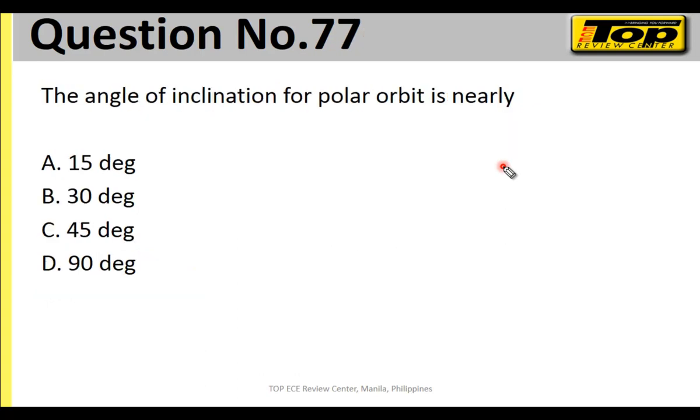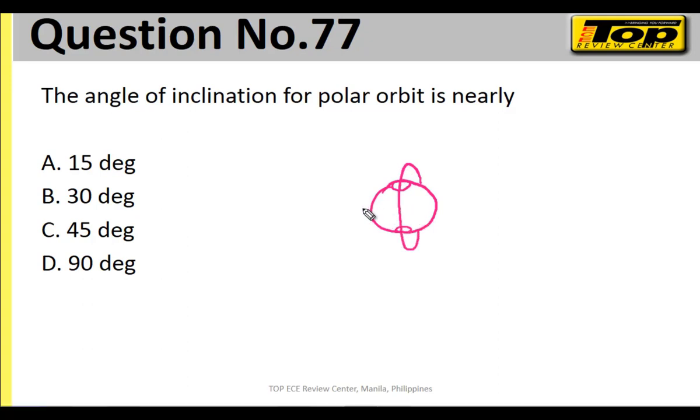Next, number 77. The angle of inclination for polar orbit is nearly, when we say polar orbit, ang nangyayari ay umiikot ang satellite, assuming that we have a pink Earth. Ito yung polar caps natin. Umiikot yung satellite doon sa malapit sa polar caps.